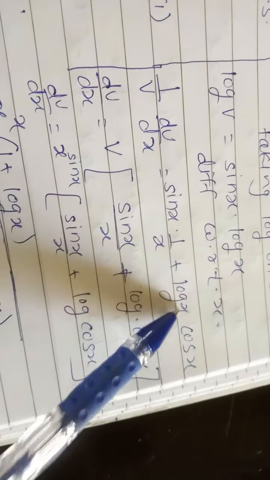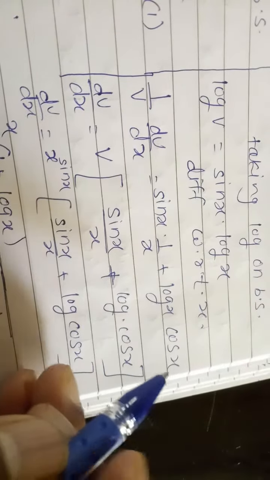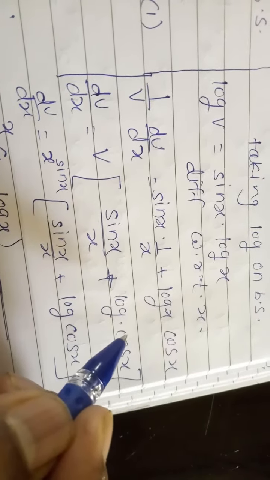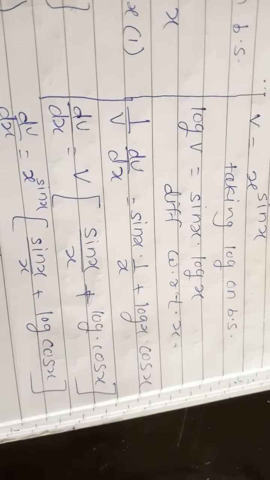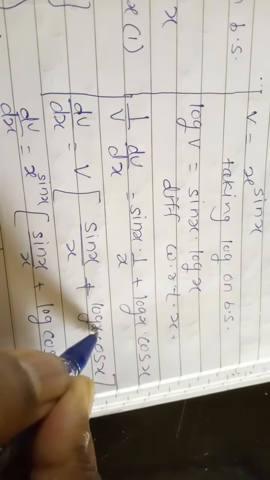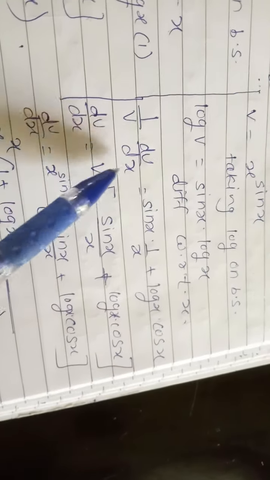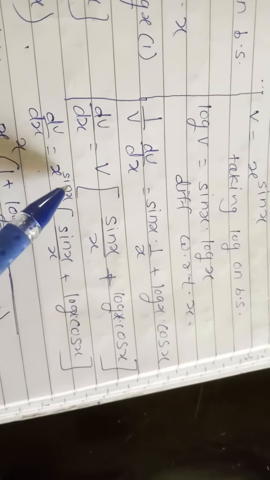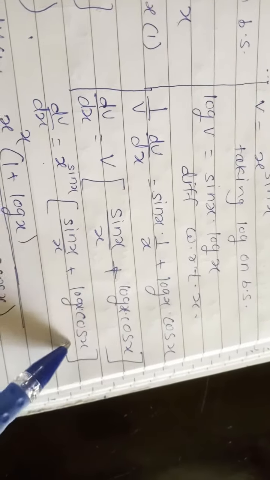Now we are moving the v to this side, so v in bracket sin x upon x plus log x into cos x. So we are going to put down the value of v, that is x raised to sin x upon x plus log x into cos x.